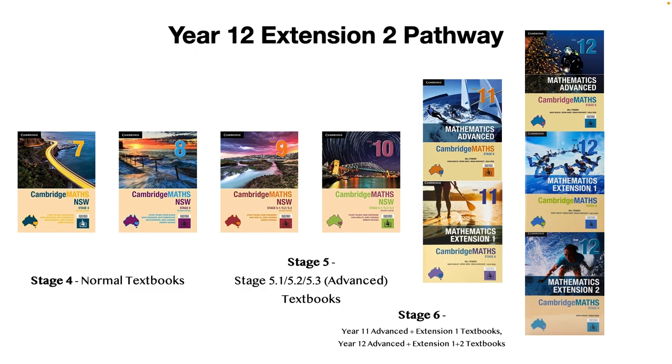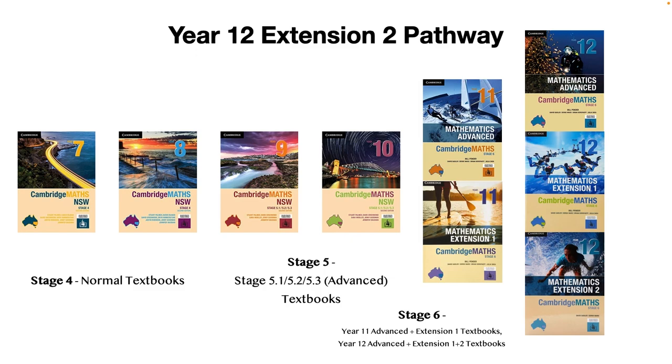Note that extension 2 is a supplement to extension 1, so you need both textbooks for this. You don't need the advanced textbook because that's contained in the extension 1 textbook. Extension 2 content is entirely based on extension 1 content, but there's some new content. Sorry, I didn't elaborate on that clearly, but it's basically extra topics for people who already have extension 1 basics.